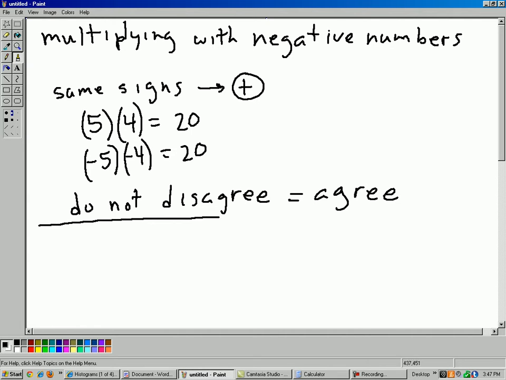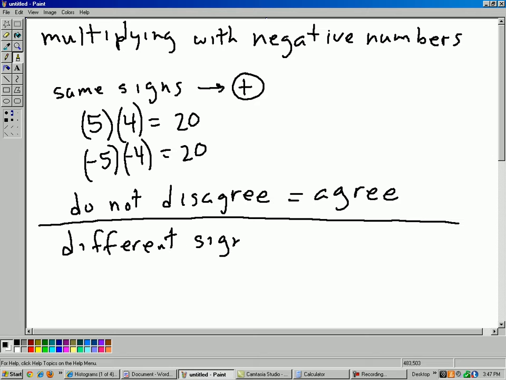Now, if you have different signs, if you have a positive and a negative, then the answer is going to be negative. So if you have, say, negative 5 times positive 4, the answer is negative 20.